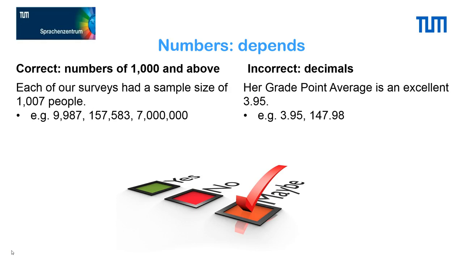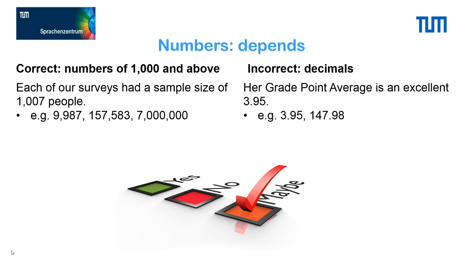This is correct when we're dealing with numbers over 1,000. Then we tend to have a comma before another three numbers. So 9,987 has a comma before the 987. 157,583 has a comma before the 583, and then 7 million has a comma before each of those three zeros.